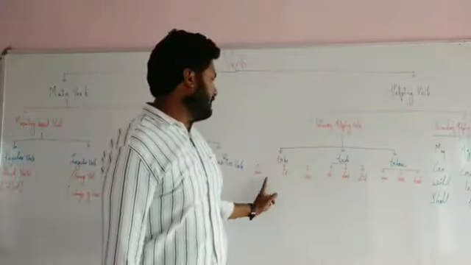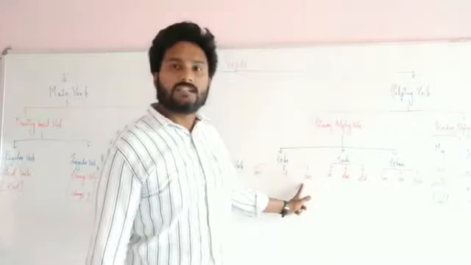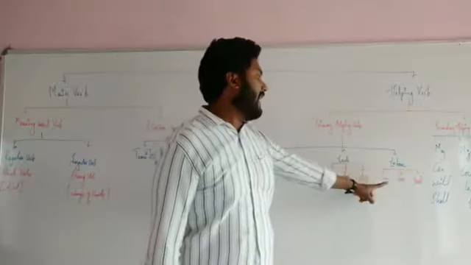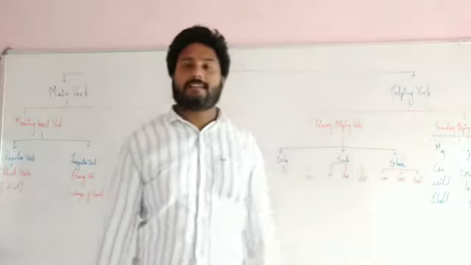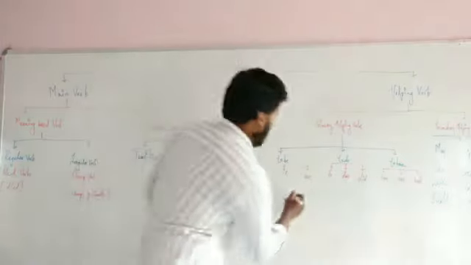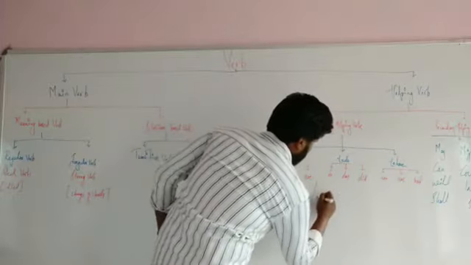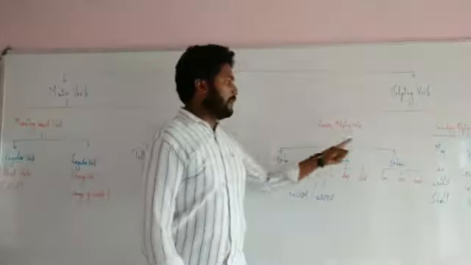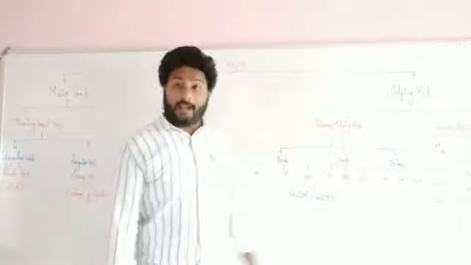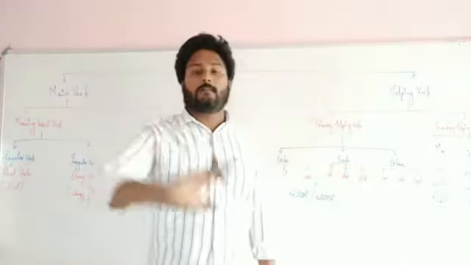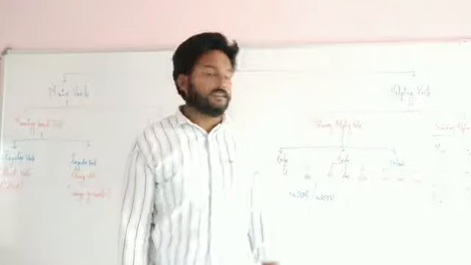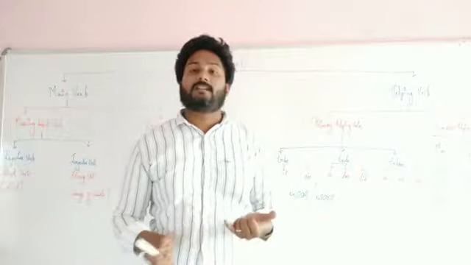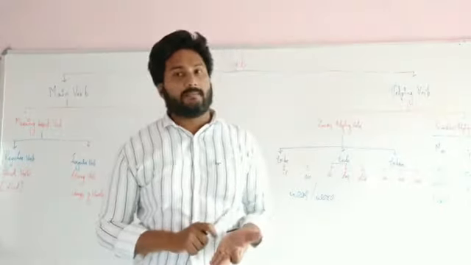See, to be: am, is, are; to do: does, did; and to have: has, had. And you can also say was and were are also primary helping verbs. All these primary helping verbs give the shape of the verb. That means it is timing based. Timing means present, past, or else future.